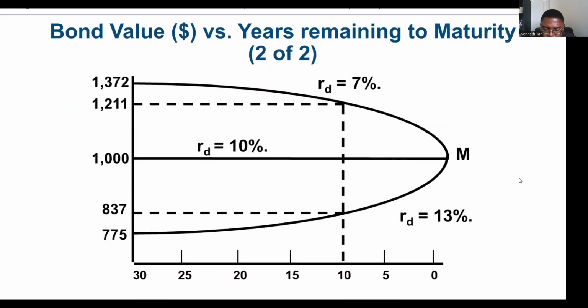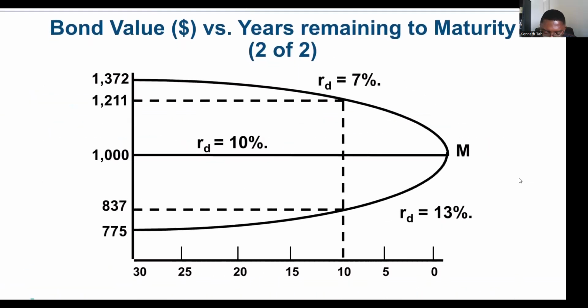And we can see this on this diagram. So here we have the bond value against time to maturity. And we have here the par value.